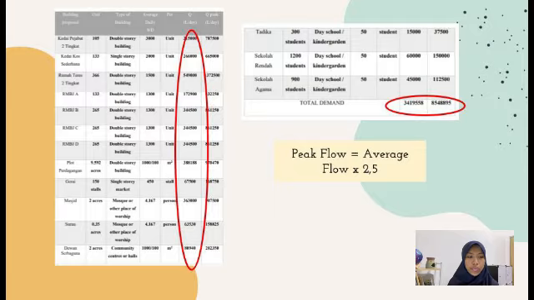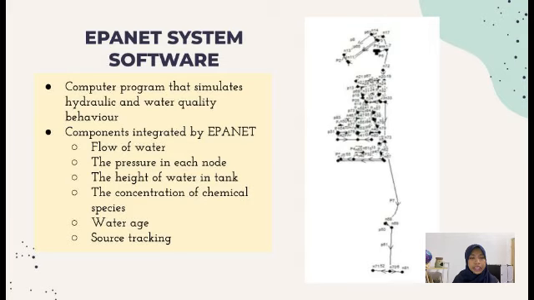The table shows the average domestic water demand for planning of the external water reticulation system. By taking into consideration the buildings located in our development plan, we can calculate the peak flow by multiplying the average daily water demand by the peak factor, which is 2.5. So we can get the total demand of the development plan. Next up is the EPANET software.